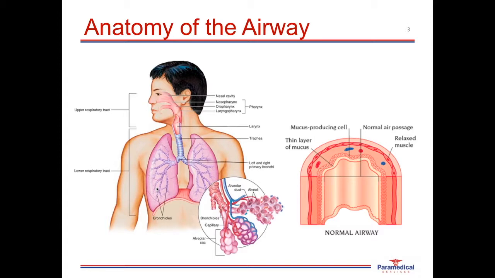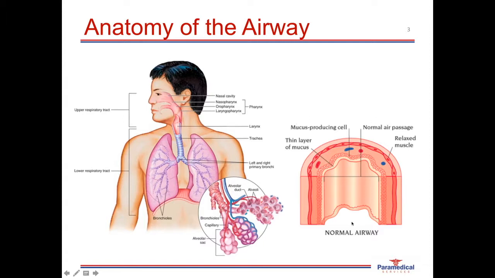The only site in the respiratory system in which gaseous exchange occurs is all the way right down in the alveolar sacs, which are richly supplied with a network of blood vessels in which gaseous exchange occurs and oxygenation of our cardiovascular system takes place.